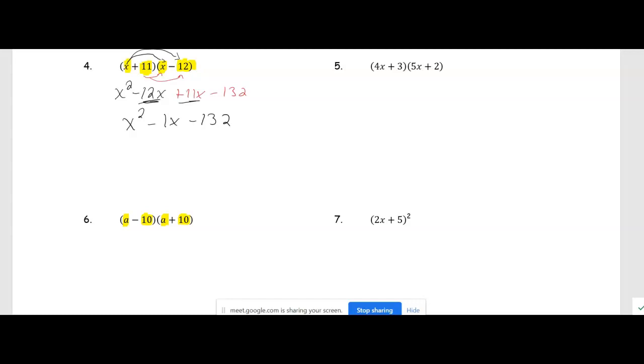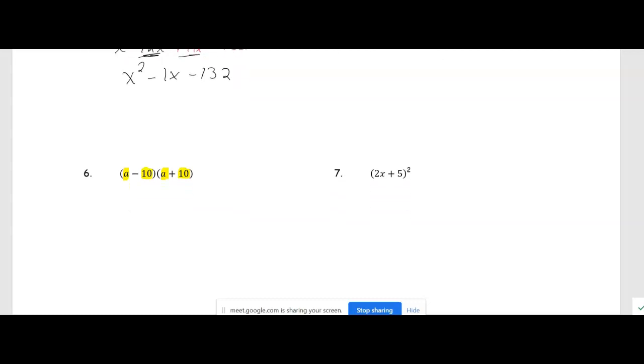So the first terms are the same. The last terms are the same. And then you have a sum, you have a difference. See how that plays out. Multiply that out and see what we get. So what Nico just walked us through, go ahead and now do with this one.